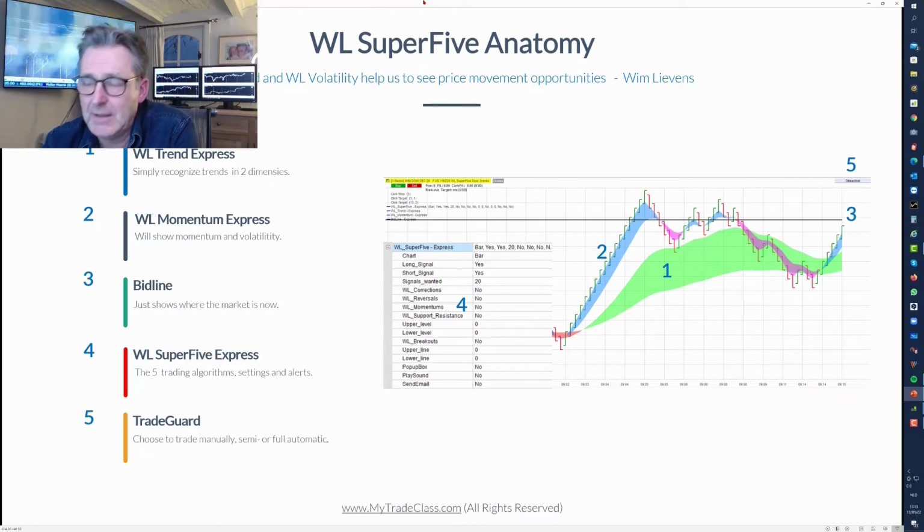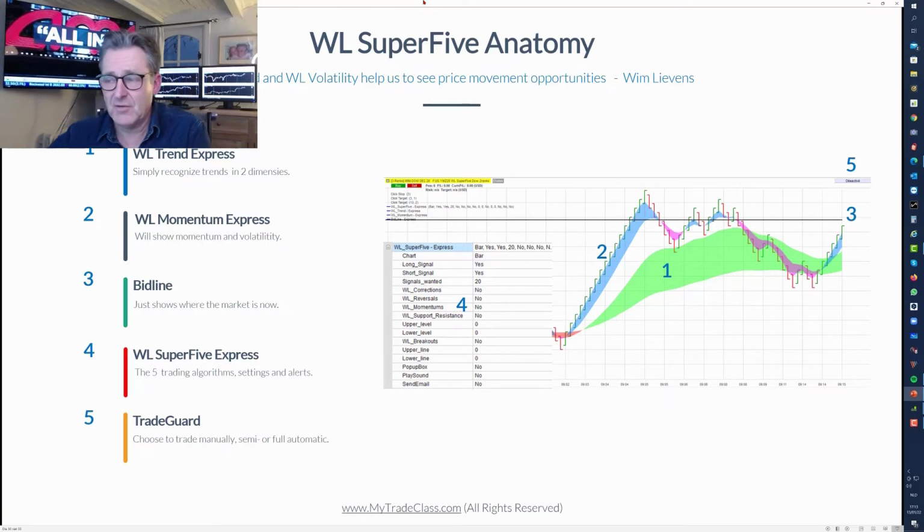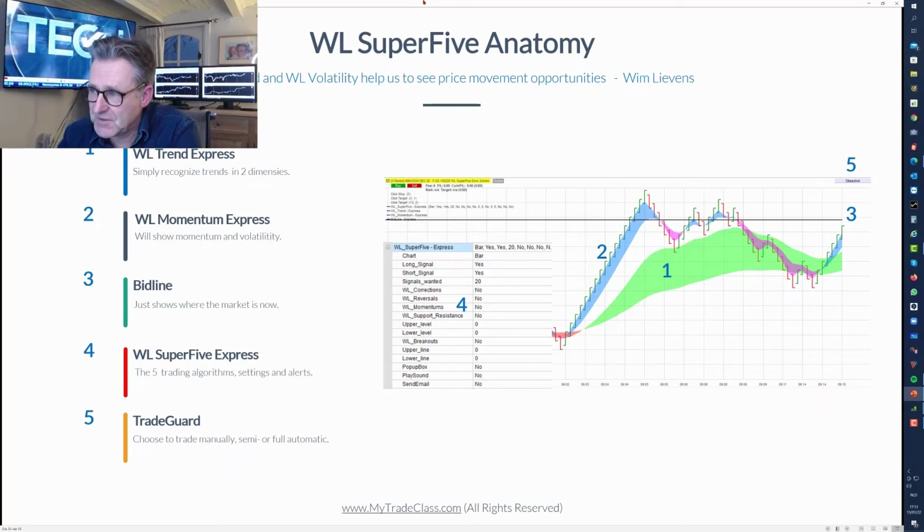You can also see if trends are getting stronger or weaker. This is what I want to see: the beginning, when the color changes, and then strength, and that is where we programmed the signals.